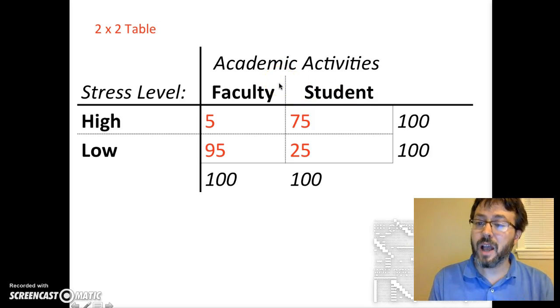So the question of the chi-square test is, is there a difference in this high stress level between faculty and students? So is this 5 versus 75, is that a real difference statistically? Or can we not conclude that these groups, the groups of faculty and students, differ on their level of stress?